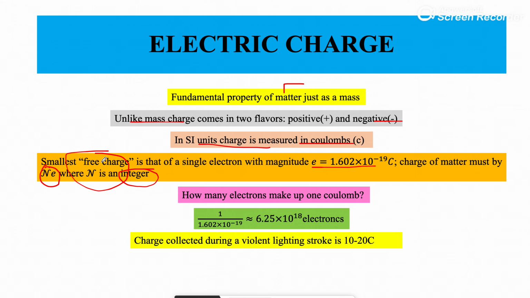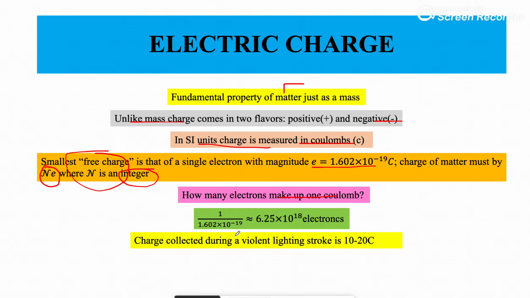Just to give you an order of estimation of how many electrons are required to make 1 coulomb: one electron charge, the smallest one, is equal to 1.602 times 10 to the power minus 19 coulomb. So to make 1 coulomb you need 1 divided by e.